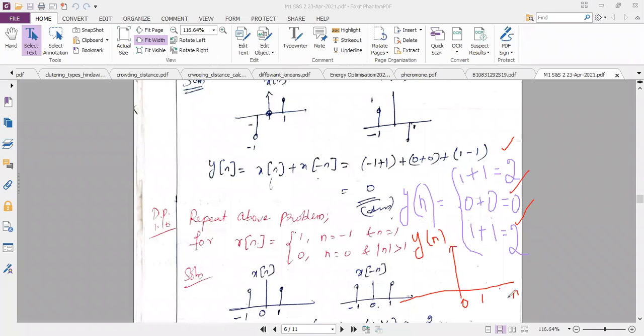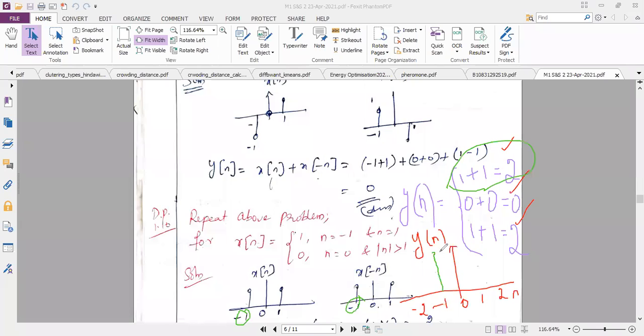0, 1, 2. I am writing the scale along the x-axis, minus 1, minus 2. Now I will take a different color to show the differentiation of samples. The first value I have taken is minus 1. At minus 1, I got the amplitude as 2.